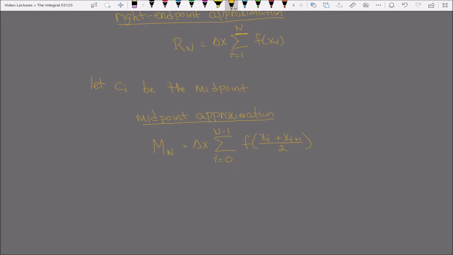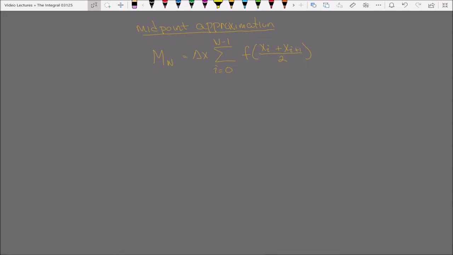And the final method is to let c sub i be the left endpoint of each interval. This gives us the left endpoint approximation.